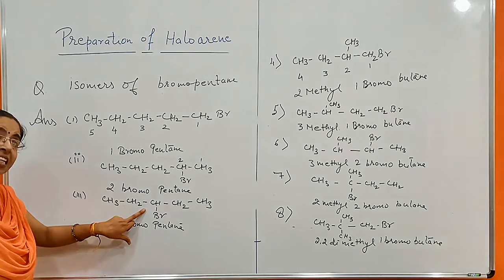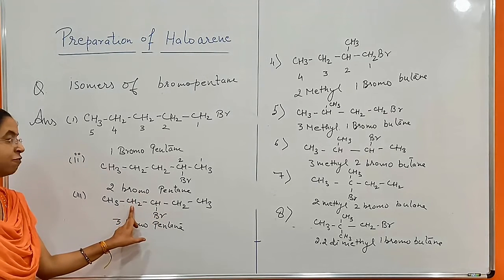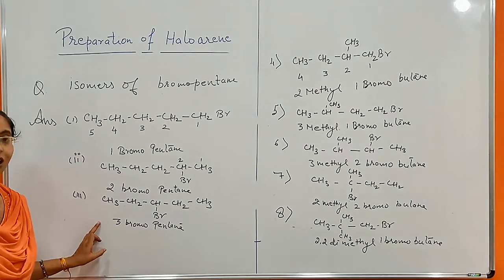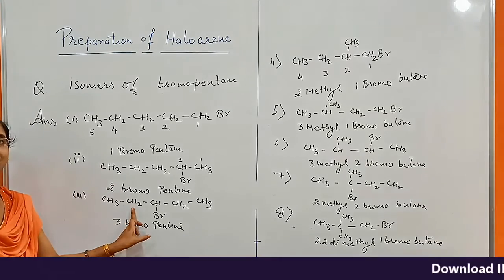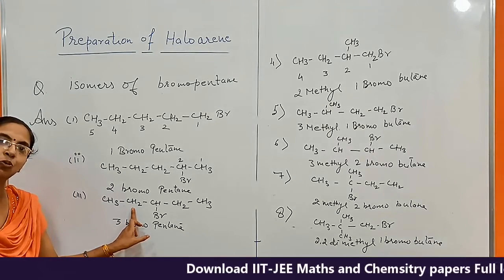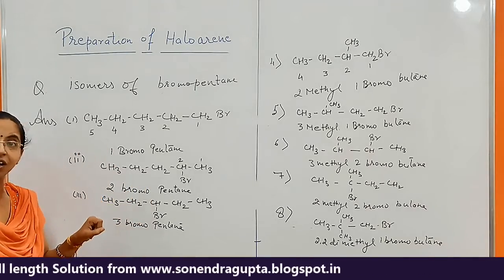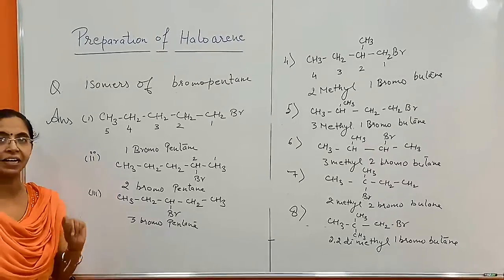Here it is at the third carbon. Now if you move this one to this carbon, which is the fourth one, this is not possible because we will start numbering from the other end. So it is again 2-bromopentane. So this will be the same as the second one. So only 3 isomers are possible in the pentane.